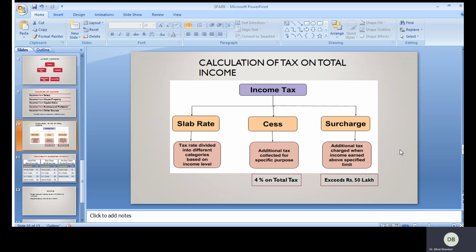That means if it is in the range between rupees 50 lakh to 1 crore, that person needs to pay 10% tax on tax. And if he exceeds rupees 1 crore, then the rate of surcharge is 15%. So this surcharge is applicable for the assessee whose income exceeds rupees 50 lakh.